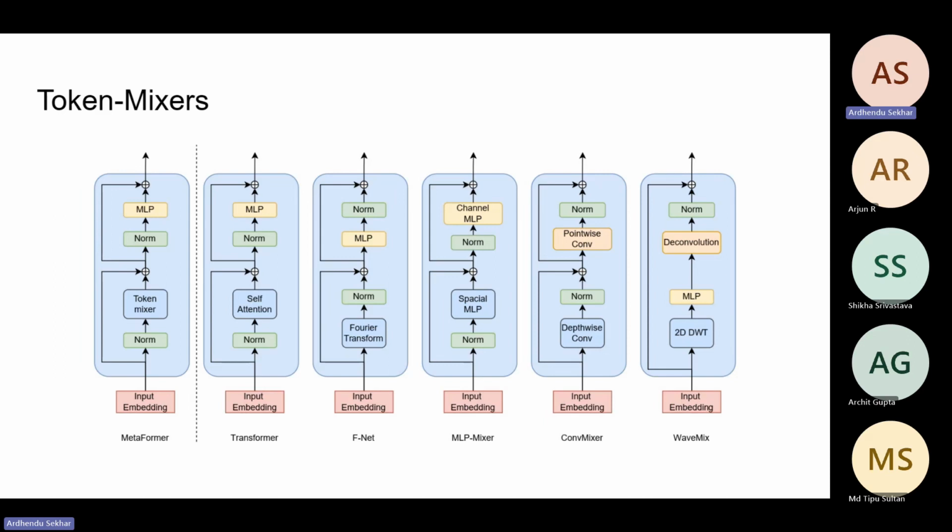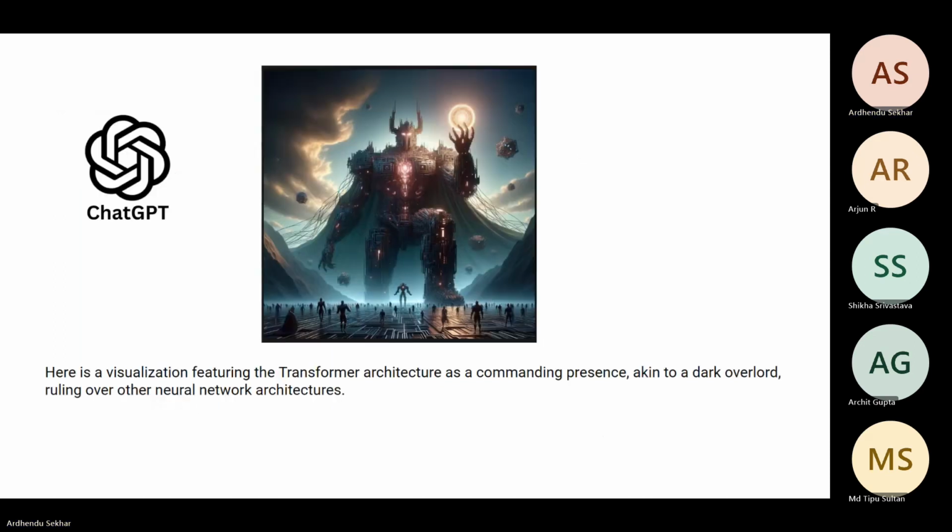I am pretty sure it will give very good results and you can publish or do whatever you want with it. So this is the final slide. The prompt was: show how transformer architecture is ruling over the other architectures in ML. And this is a visualization of that by the transformer itself. Yeah, thank you.